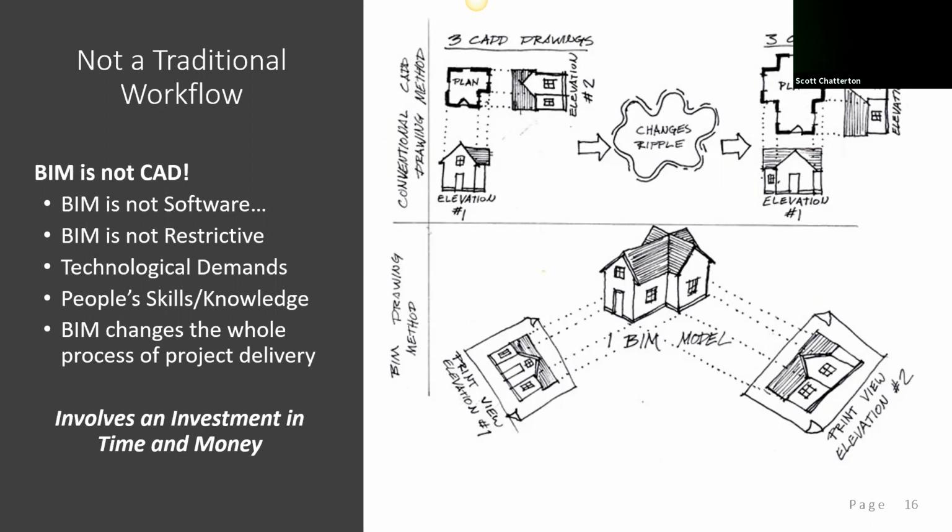When I first started integrating BIM, sometimes it would require a whole new computer system. They would have to scrap all of their computers and bring in new systems because their old computers couldn't handle the software. People's skills and knowledge, training, and I'll talk more about this a little bit later, training and sharing of knowledge is key.